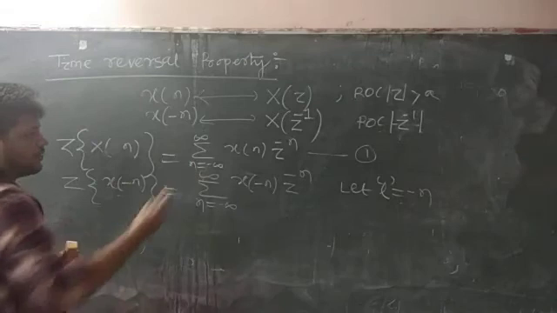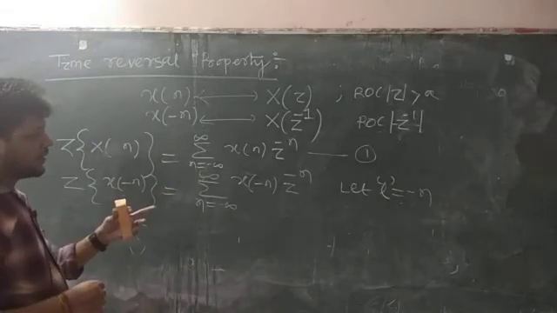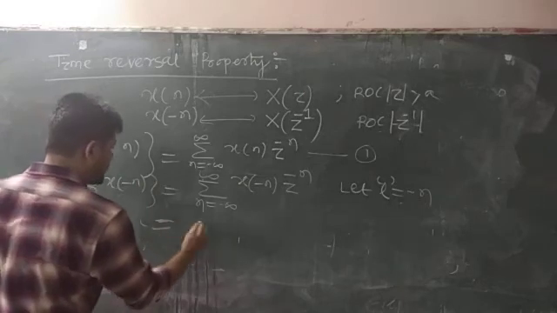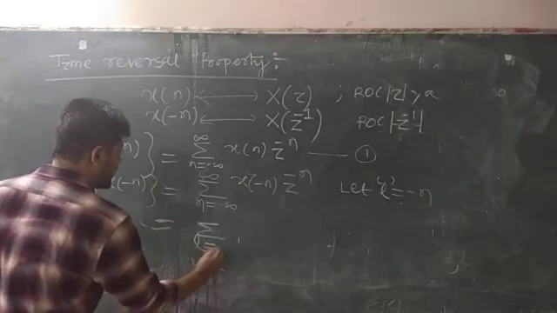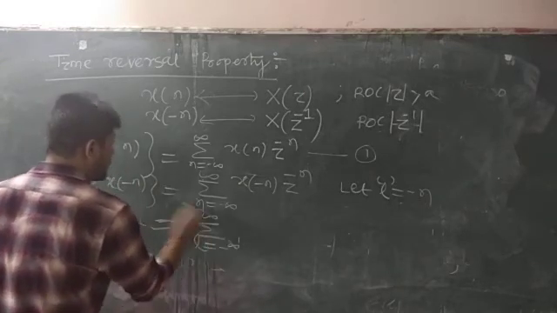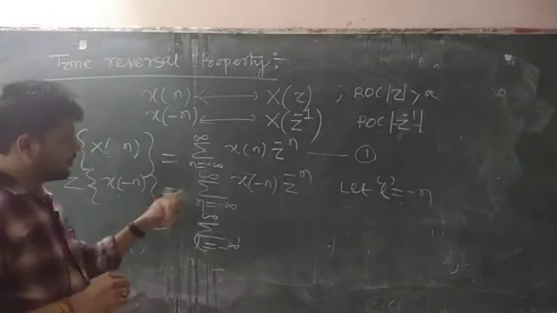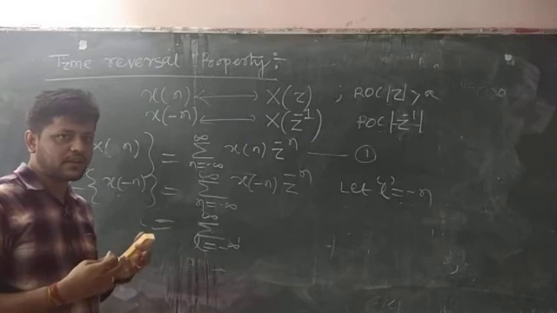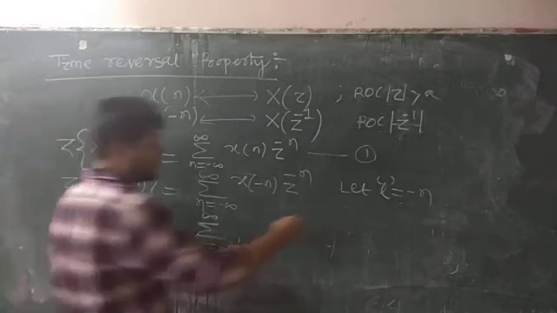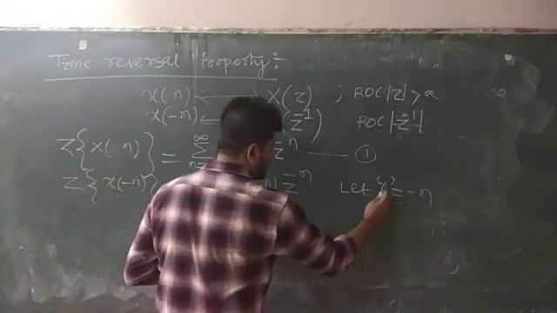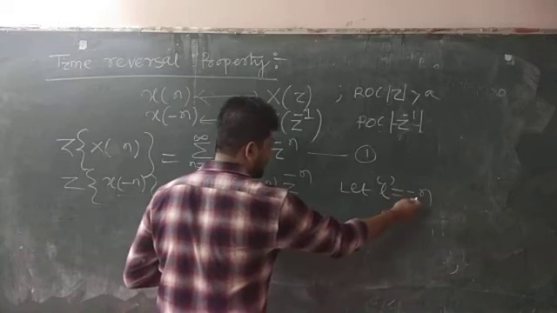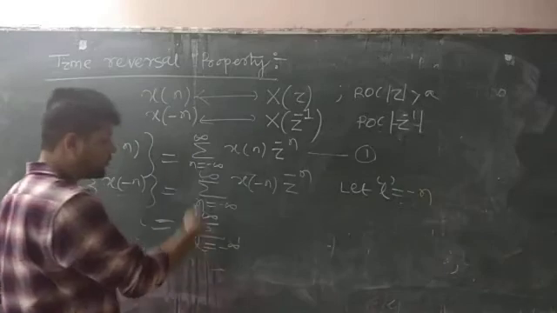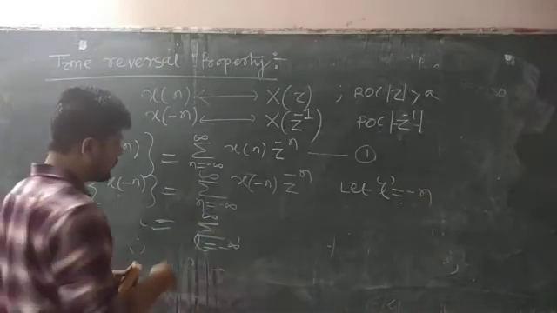Then obviously when n is equal to minus infinity, L is equal to plus infinity, and when n is equal to infinity, L is equal to minus infinity. Just as when you change the variable in integration, the summation limits remain the same, L varying from minus infinity to plus infinity.